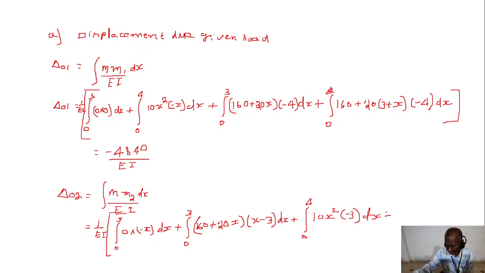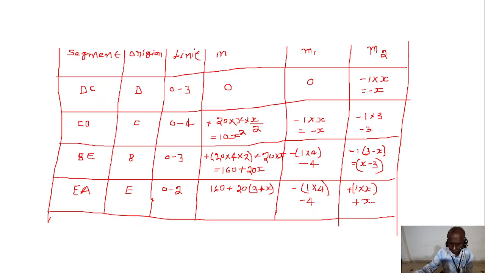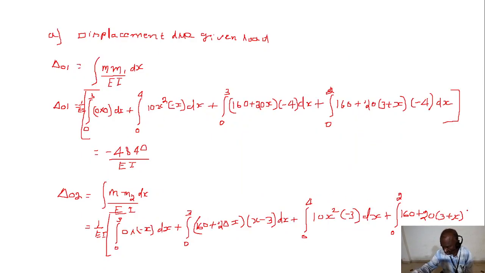Next, the last segment, integration 0 to 2, into 160, plus 20 into 3 plus x, into what is the m2, plus x, into x dx.